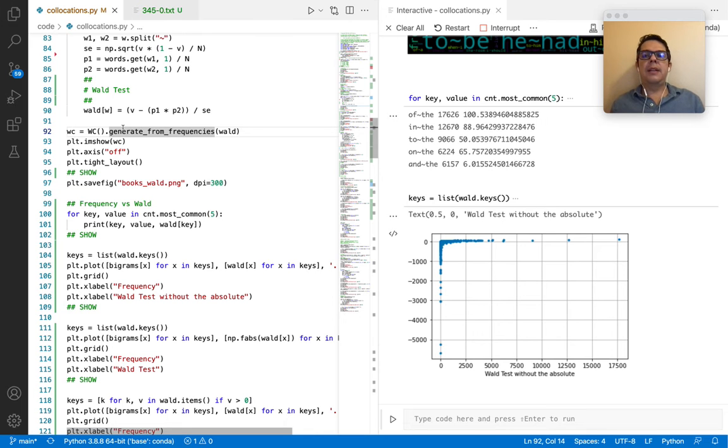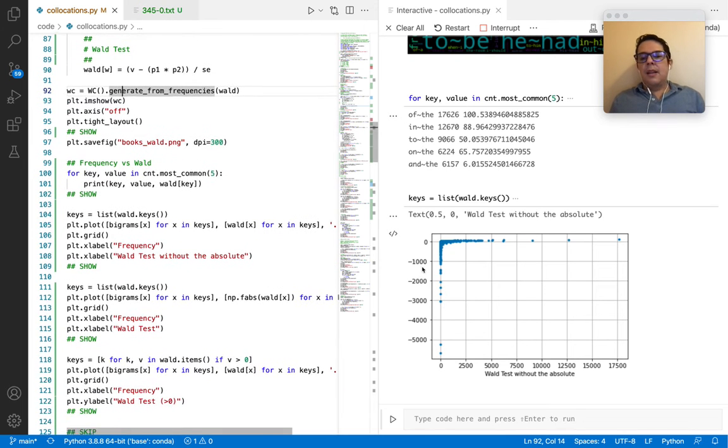So it is almost irrelevant, and the positive numbers are the relevant ones. Having said that, to visualize what I just told you, we change the scatter plot to focus just on the Wald statistic that is positive.